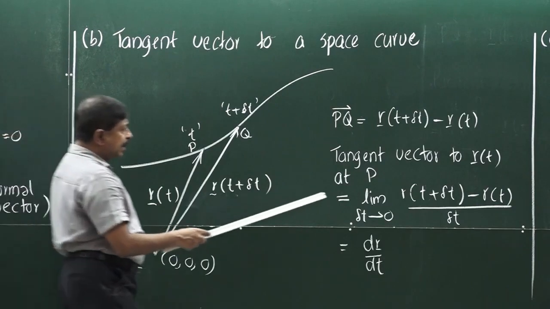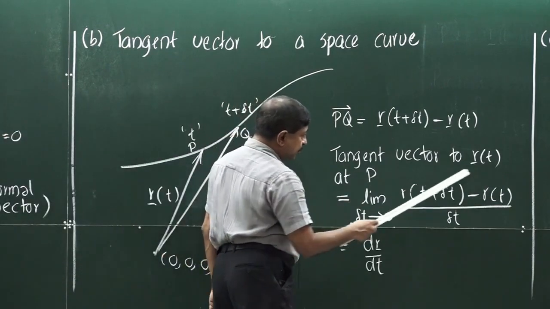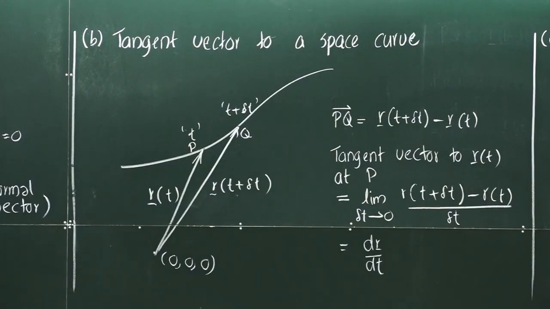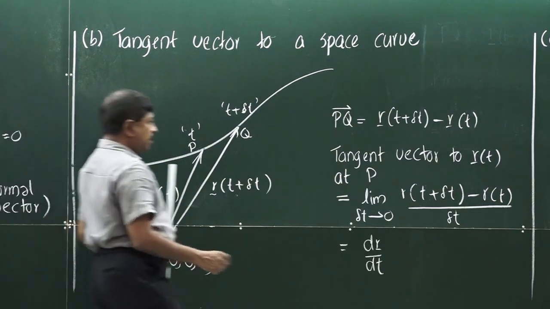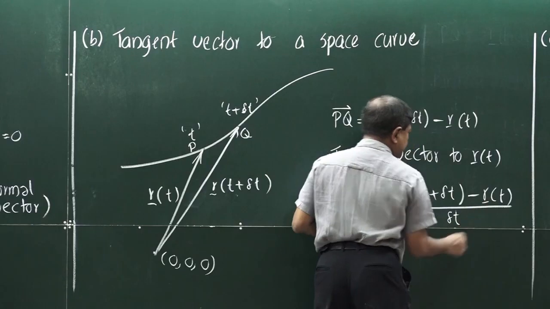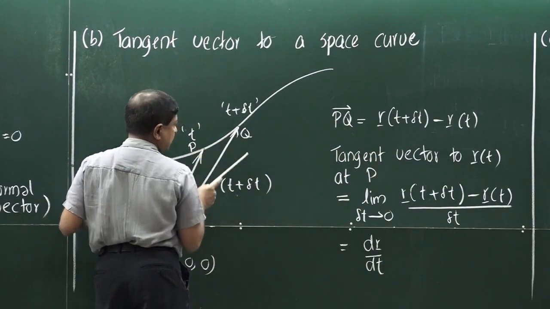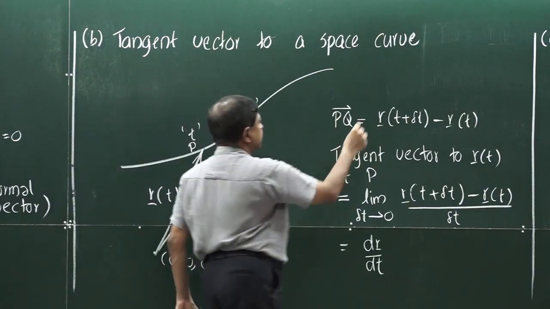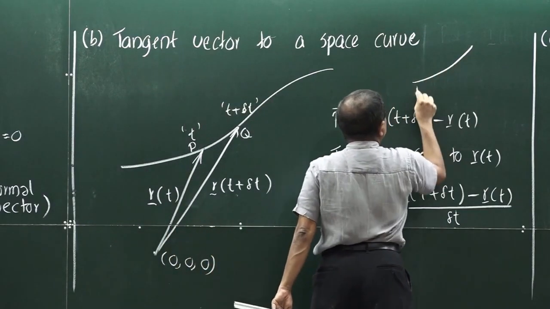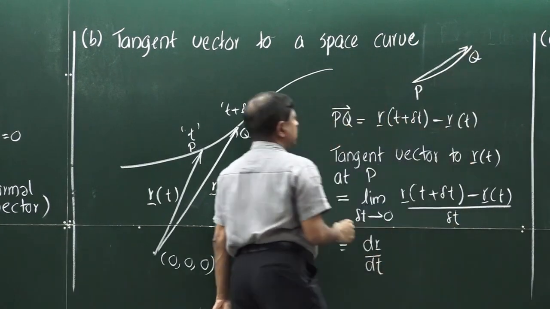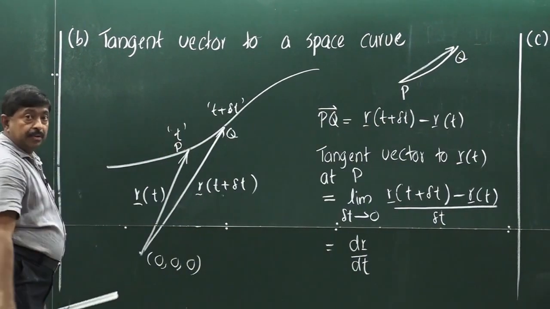When you divide this vector by delta t, I have forgotten the vector sign, still it is a vector in the direction of PQ. There, what happens is this: you have PQ, now you have a vector like this. That is a kind of a chord.